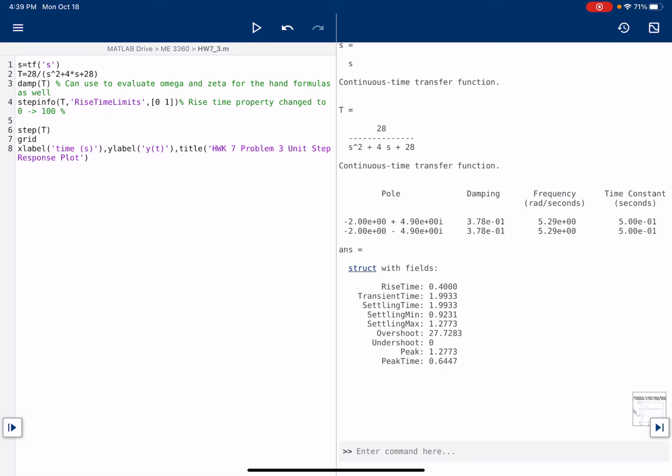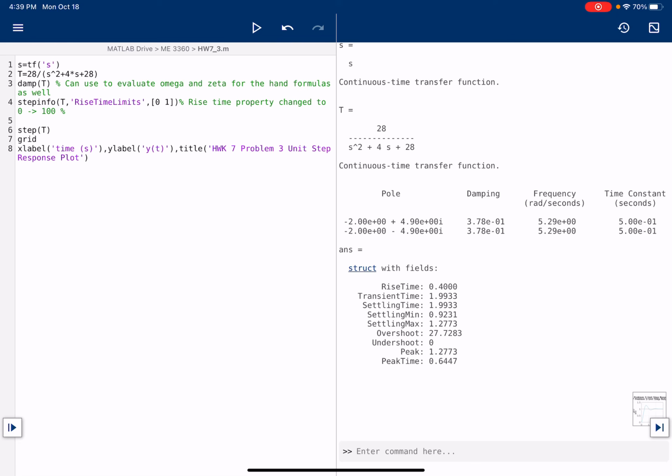And then when we use our damping function, it gives you the damping ratio as well as the natural frequency. It's the same as what we had evaluated, as you remember.